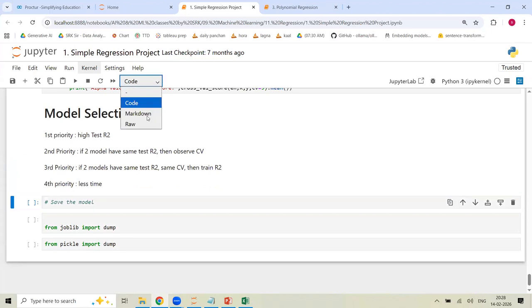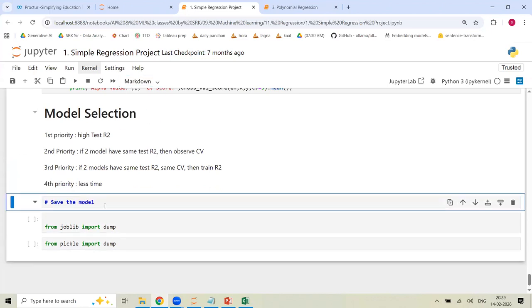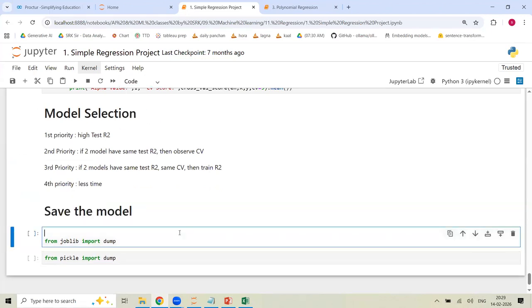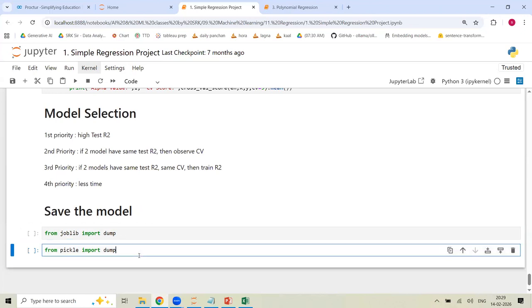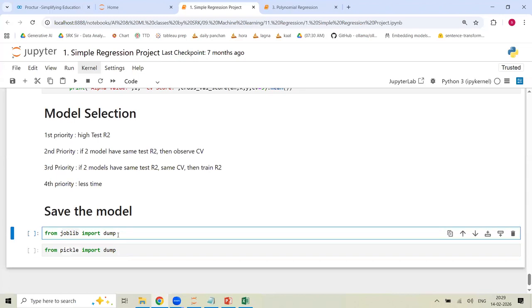Which one has to be selected depends on the deployment team. If the deployment team asks you to share in the joblib file, you have to share the joblib. If the deployment team asks you to share a pickle file, you have to save it as a pickle file. In whatever way they ask you to save, in that way you have to save. Pickle means pickle, joblib means joblib.